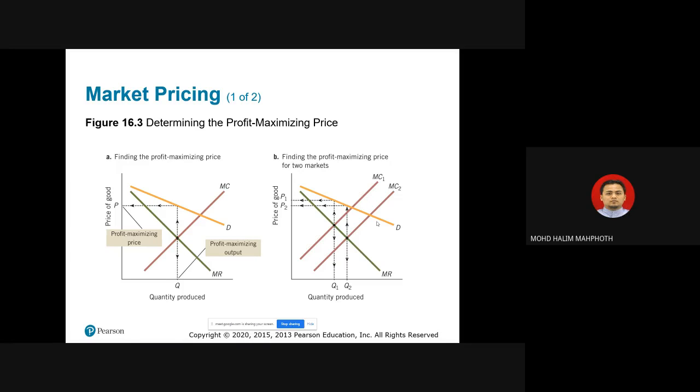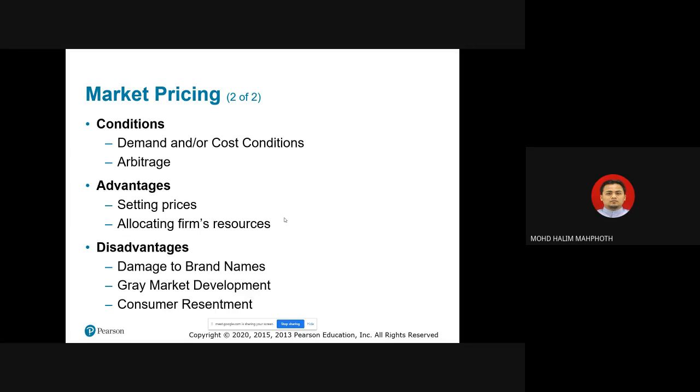And in the other country, you offer a larger quantity of goods at a lower price, to gain this kind of profit maximization. Okay, market pricing: they will follow the demand and supply of the market. So that is the condition. You follow the supply and demand of the market.